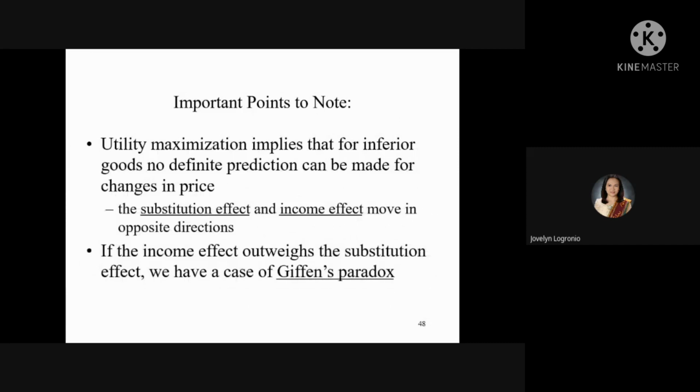So our next topic is about demand and supply. Demand and supply is more or less connected to this topic, especially demand. The law of demand is an extension of the consumer theory.